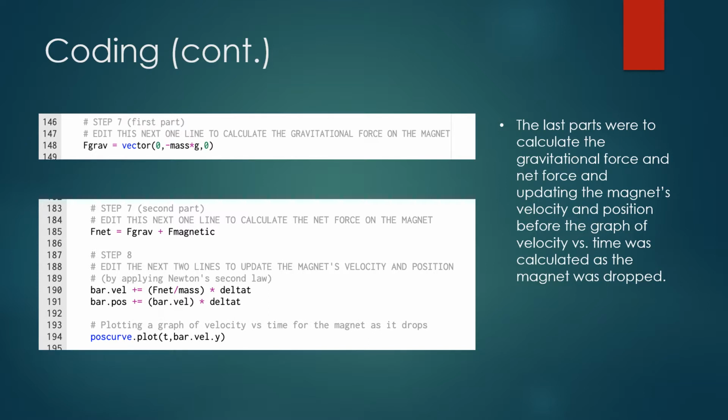Moving on to the last parts of the code, we calculated the gravitational force and net force by taking the gravitational force and adding it to the magnetic force to find the net force. Then we updated the magnet's velocity and position before the graph of velocity versus time was calculated as the magnet was dropped.